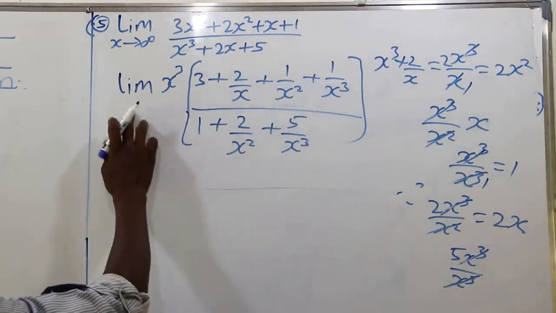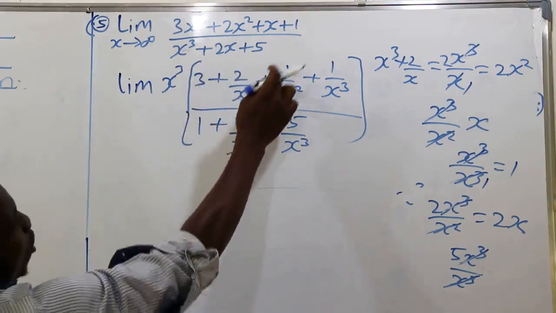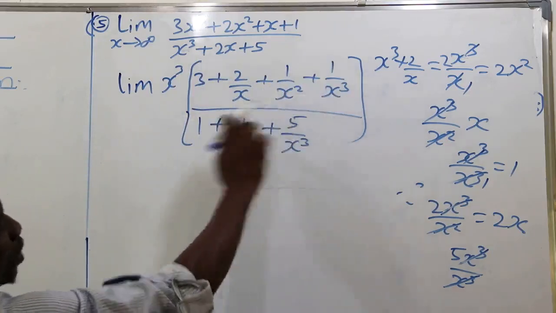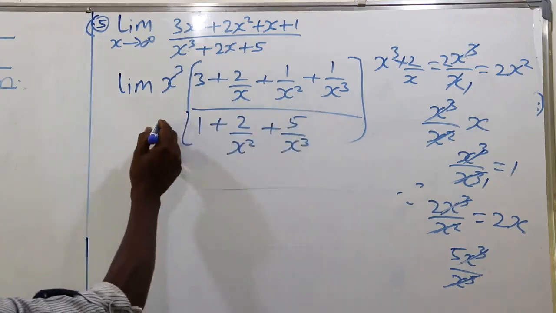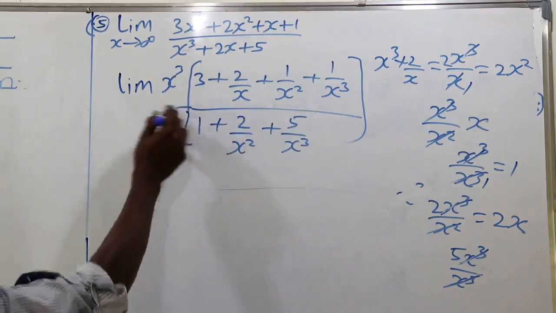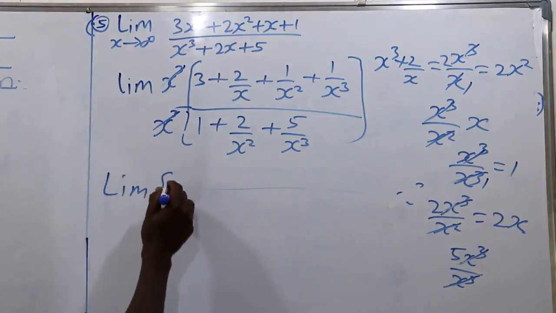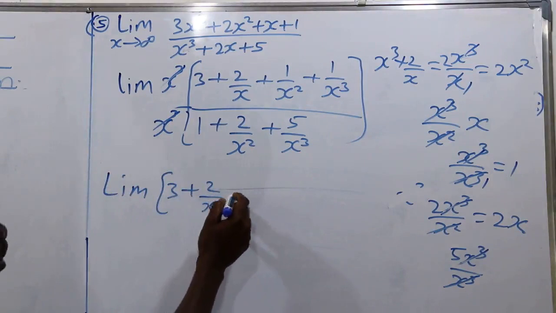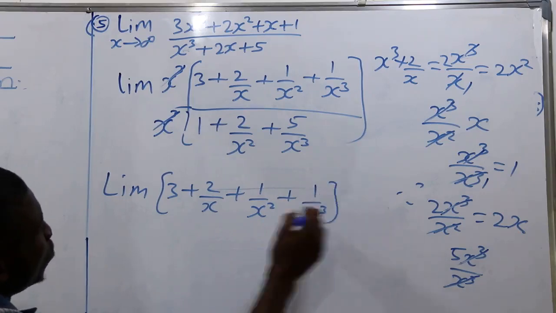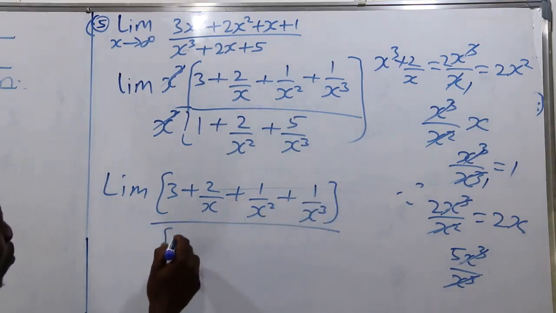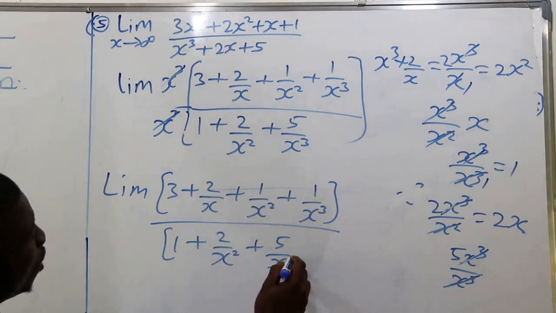Now, our answer is lim x raised to power 3 bracket 3 plus 2 over x plus 1 over x squared plus 1 over x cubed divided by 1 plus 2 over x squared plus 5 over x cubed. Don't forget the factor out x raised to power 3. Now, x cubed will cancel x cubed. It will remain lim 3 plus 2 over x plus 1 over x squared plus 1 over x raised to power 3 divided by 1 plus 2 over x raised to power 2 plus 5 over x raised to power 3.